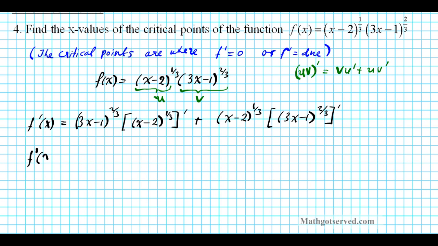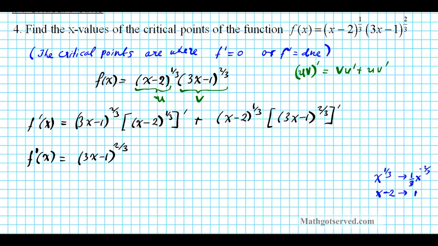So we have f prime of x equals (3x minus 1) to the 2/3. Now we're going to apply the chain rule here. The outer function is x to the 1/3 and the inner function is x minus 2. So we're going to differentiate the outer function, which is 1/3 x to the negative 2/3, insert the inner function back in there, and then multiply it by the derivative of the inner function, which is just 1.